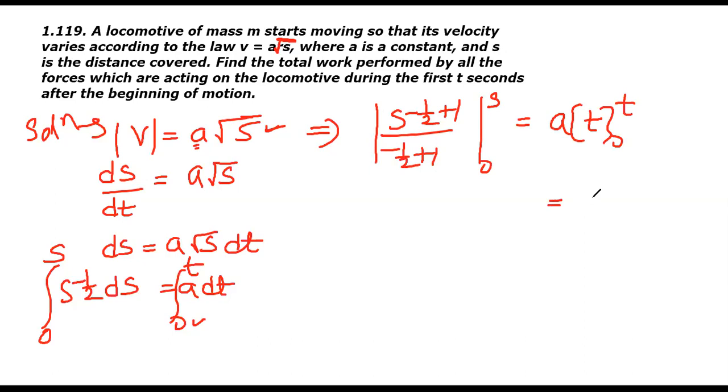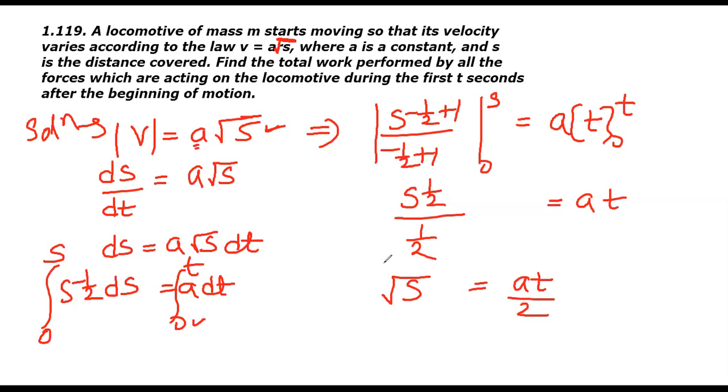Okay, students, so this comes out to be a t, and s to the power plus half over half at the bottom. So this is root s, and this is a t by 2.